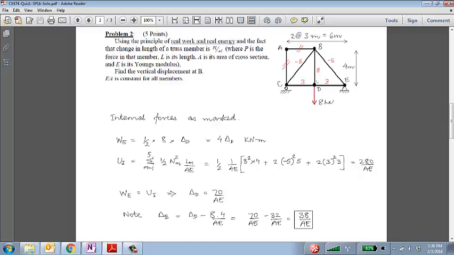In that case, delta D was equal to delta B. But in this case, since BD is being stretched by 8 kilonewtons, the displacement of B will be slightly smaller than displacement of D, and happens to be 38 over AE. Okay, questions?